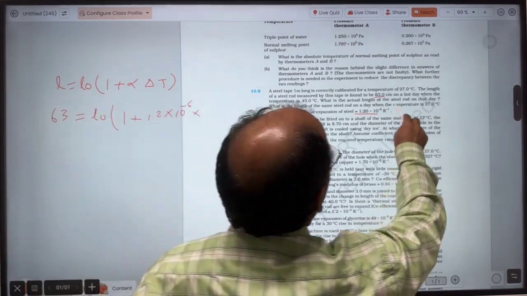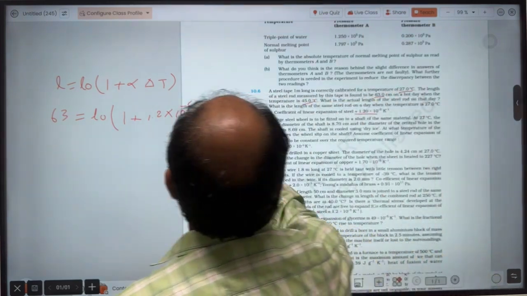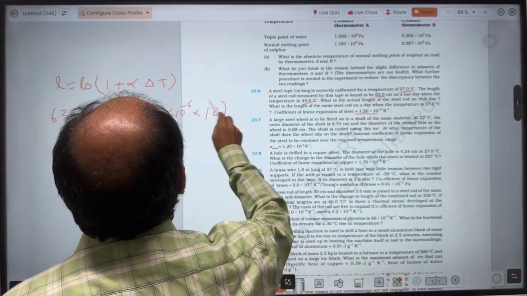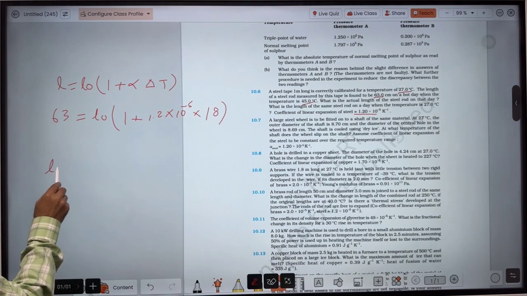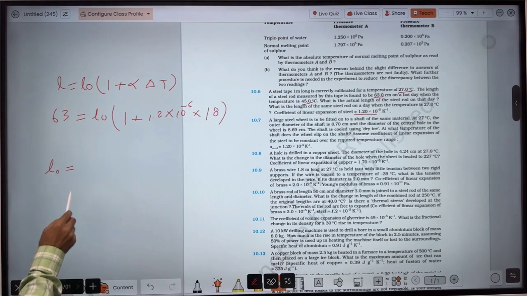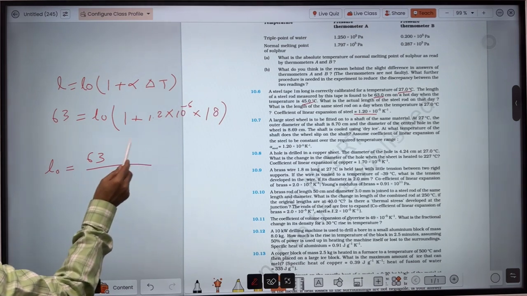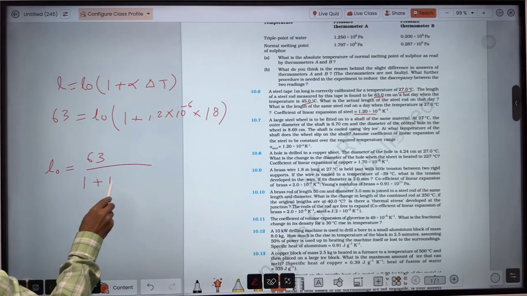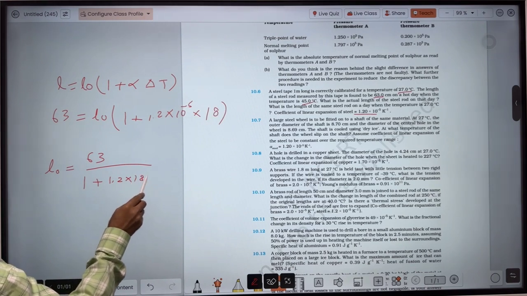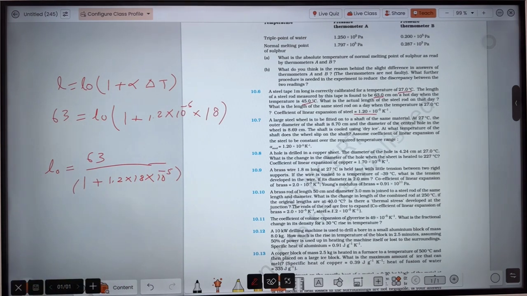And temperature difference is here 27, this is 45. That is 18 degree. And now we can evaluate. So L0 is to be found. This value, whatever you are getting, 63, divided by this, you can evaluate 1 plus 1.2 into 18 multiplied by 10 power minus 5. So just to simplify, it will become how much?